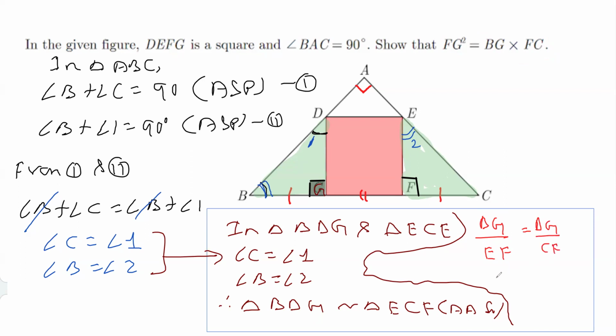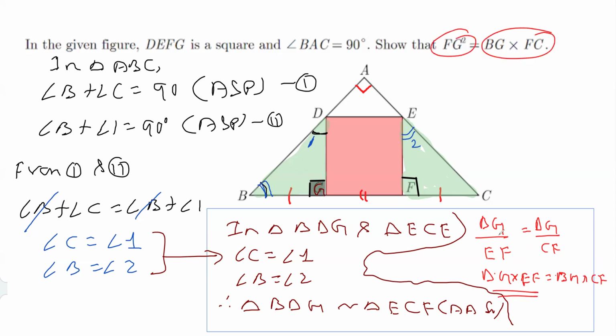Now, if I cross multiply, what do we get here? We get DG into EF is equal to BG into CF. So we got this already, but we haven't got the left-hand side.